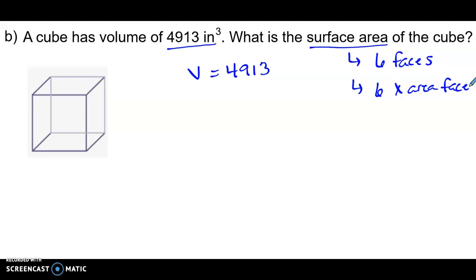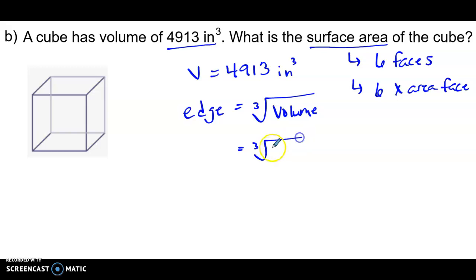If we're given the volume is 4,913 cubic inches, remember to find the edge we're going to take the cubed root of the volume. The cubed root of 4,913. So take a second there, grab your calculator, find your cubed root button, and type the cubed root of 4,913.